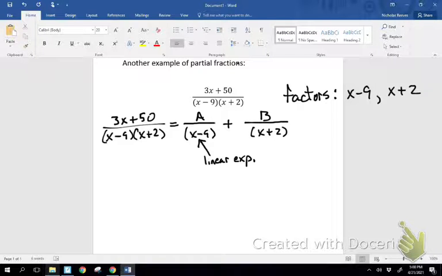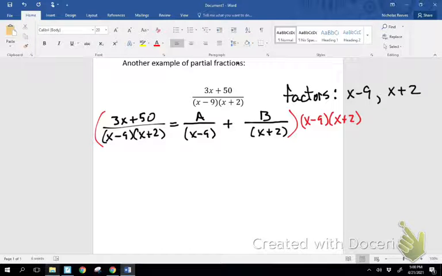Right now, let's just worry about being able to write a over a factor and b over a factor. Next step, we get rid of the fractions. So multiply the entire equation by the two factors. And it gets rid of the fractions. Cleans it up a little bit.